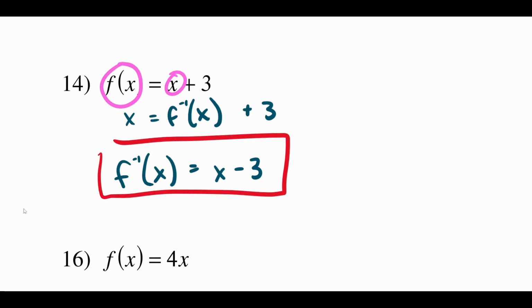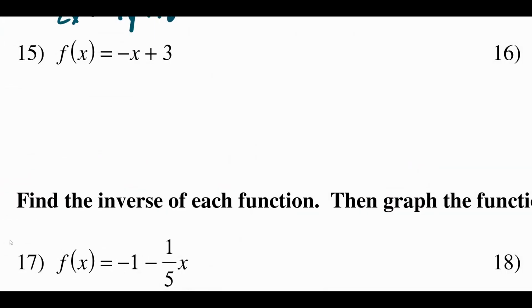Let's move on to number 15. In number 15, f of x equals negative x plus 3. So for writing x equals negative y plus 3 and solving for y, I'll just subtract 3 from both sides. So I'll get x minus 3 equals negative y. And then I'll divide by negative 1 or multiply by negative 1 to get that negative x plus 3 equals y.